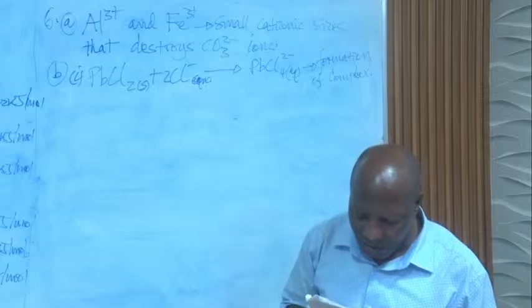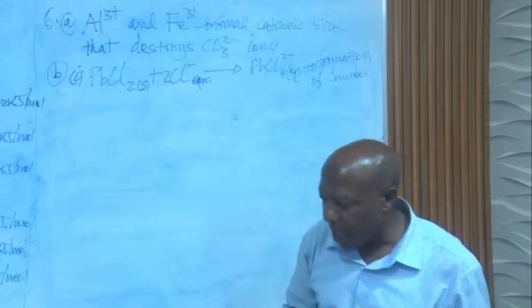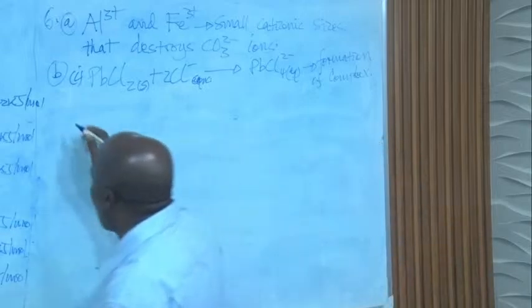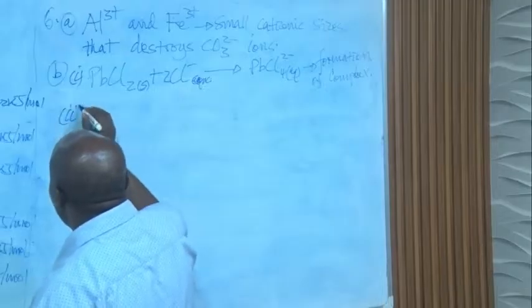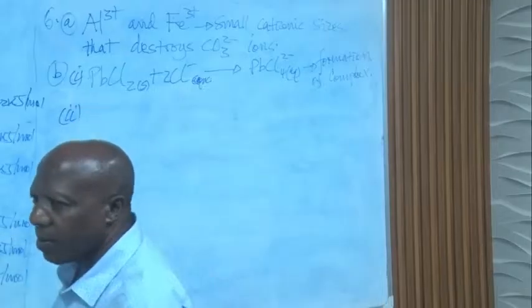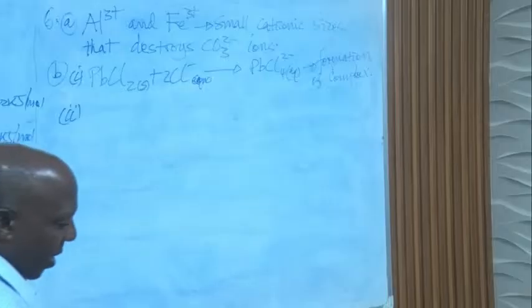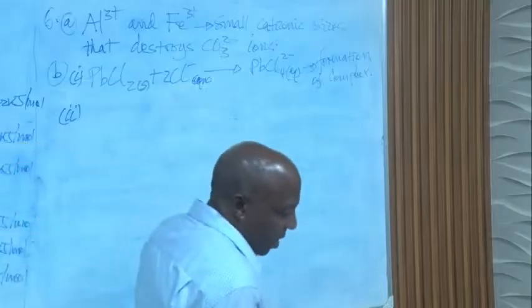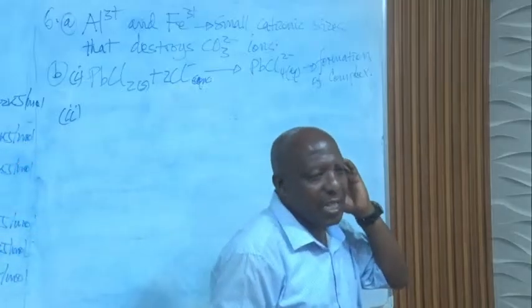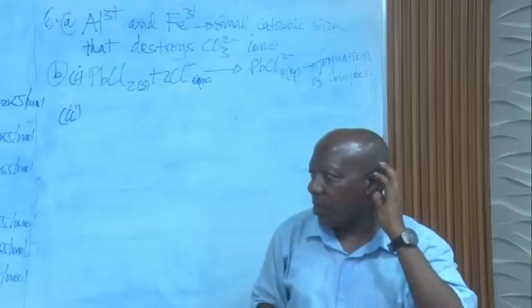in excess sodium hydroxide. Aluminium hydroxide precipitate means aluminium hydroxide is a solid. It is insoluble or slightly soluble in water, but it dissolves in excess sodium hydroxide.